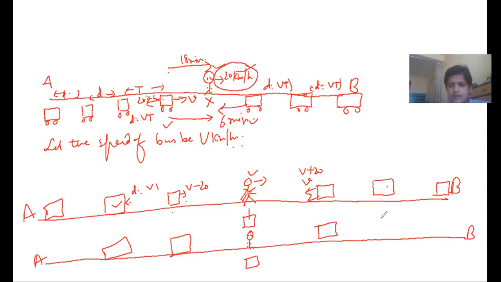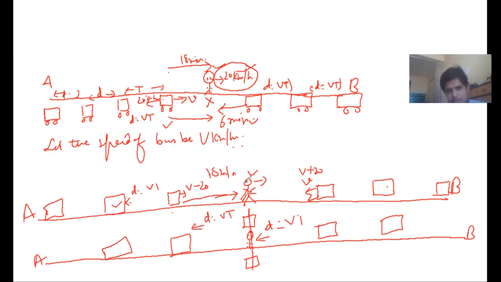Now we can understand the same thing this way. Suppose this bus crosses this observer, then the distance this bus has traveled with respect to the observer in 18 minutes is d equal to vt, and this distance is also d equal to vt, because the successive distance between two buses is this much.